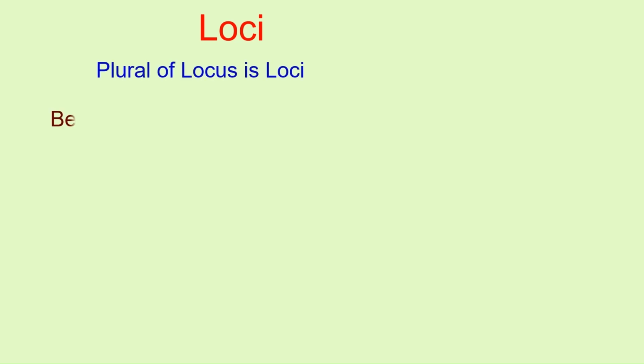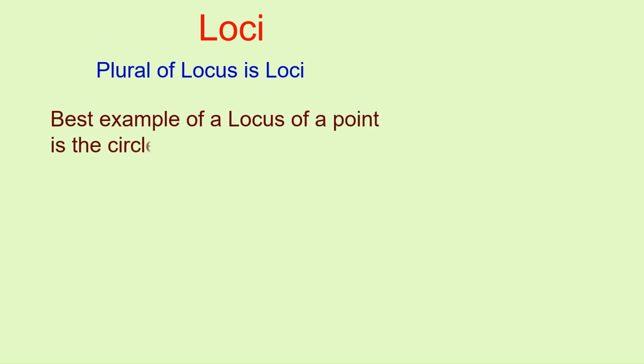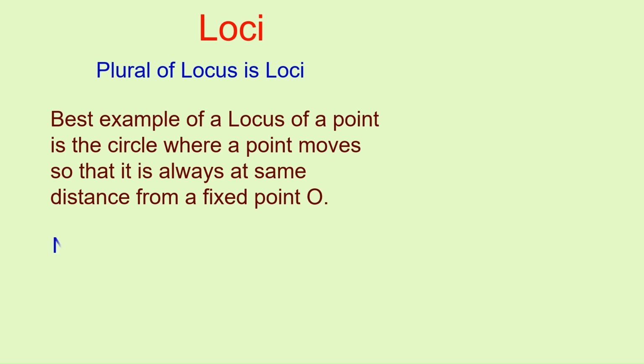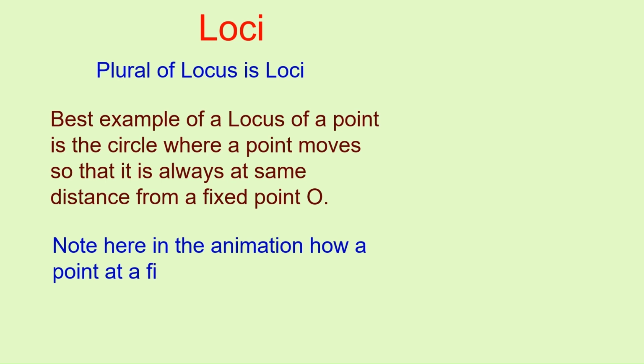The plural of locus is loci. The best example of a locus of a point is the circle, where a point moves so that it is always at the same distance from a fixed point O. Note here, in the animation, how a point at a fixed distance moves.